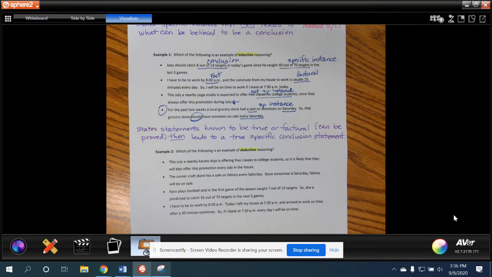Now let's look at deductive reasoning. Let's again review. It has to start with a statement that could be true or factual before it goes to the conclusion. So starting off, this July, a nearby karate dojo is offering free classes to college students. So it is likely that they will also offer this promotion every July in the future. Was it true or factual to start with?